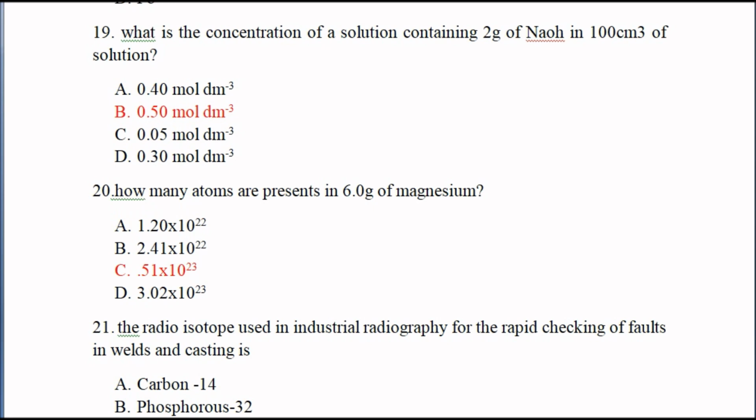So considering 6 grams of magnesium, when you cross multiply, you are now going to get C as the answer. So we have A 1.2 times 10 to the power 22, B 2.41 times 10 to the power 22, C 0.51 times 10 to the power 23, and D 3.02 times 10 to the power 23.